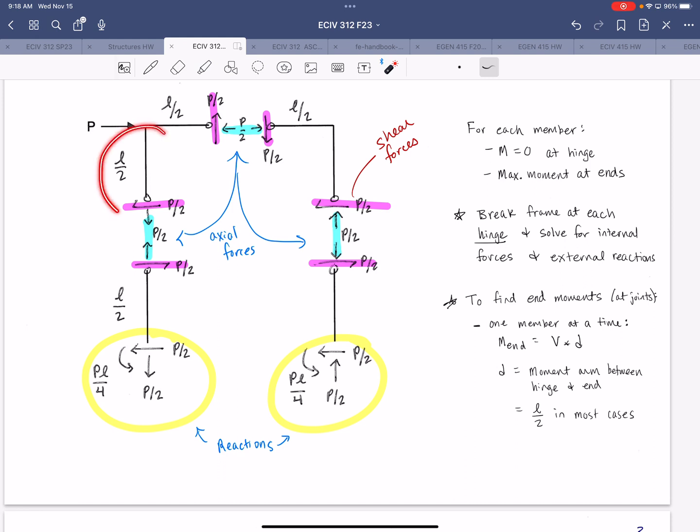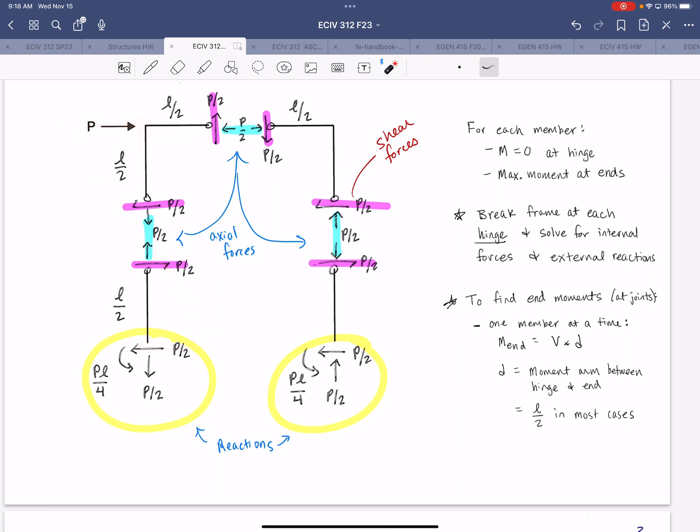Similar for columns, right? So for the column, you only need to take 1/2 of that column to find the end moment. And in this case, that's already really done because you know the moment reaction here, right? So the moment at the top of the column is going to be a counterclockwise moment, also PL/4, okay? So the column moment diagrams are going to look like this.